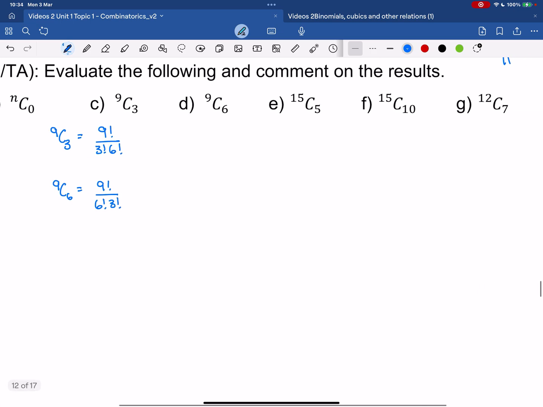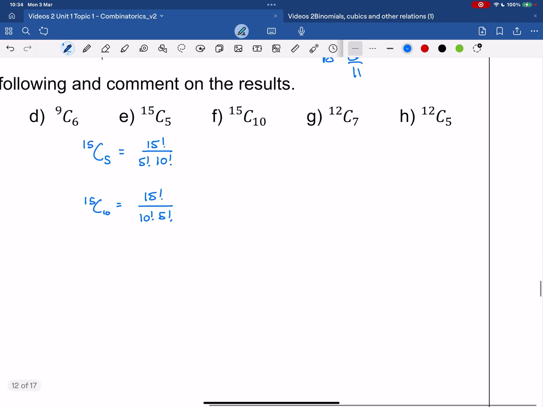If we have a look at E, we've got 15 choose 5, and that's going to be 15 factorial over 5 factorial, and 15 minus 5 is 10 factorial. And if I look at 15 choose 10, I've got 15 factorial over 10 factorial, and 15 minus 10 is 5 factorial.